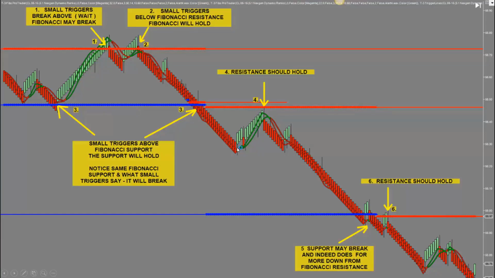So when the triggers are below, resistance should hold and we'll trade down. Again, notice when we reach the next blue line, we do not have the triggers above the blue line, which means the blue line will probably turn red, and when it does, we can continue to do short trades.